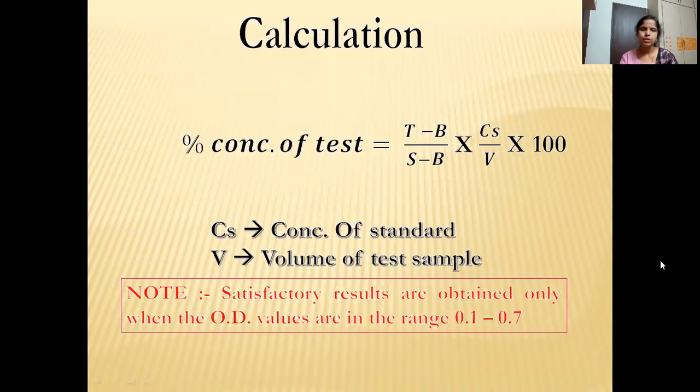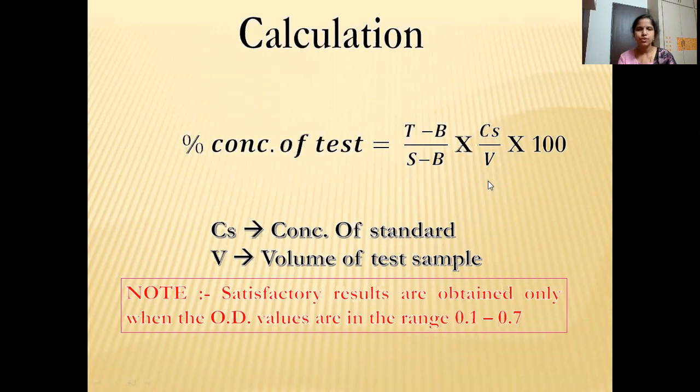We have to substitute all those values in this formula: concentration of test is equal to (T minus B) by (S minus B). T stands for the absorbance of the test solution, B stands for the absorbance of the blank solution, S is for the standard solution, again B for the blank solution.